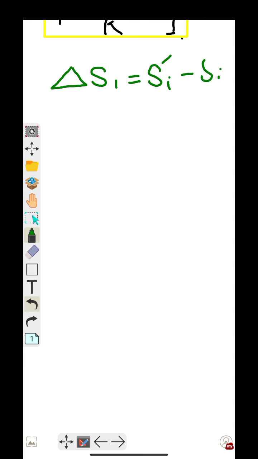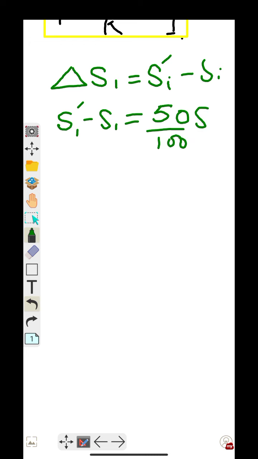As per the given question, the new sensitivity minus the earlier current sensitivity should change by 50%, that is 50 by 100 of the earlier current sensitivity. This is given in the question.